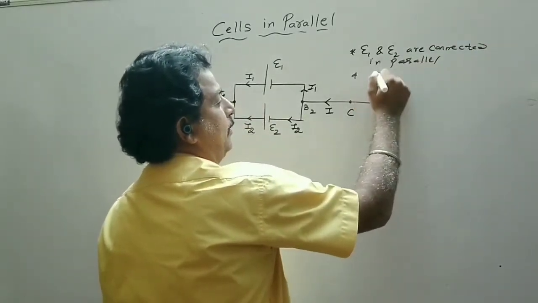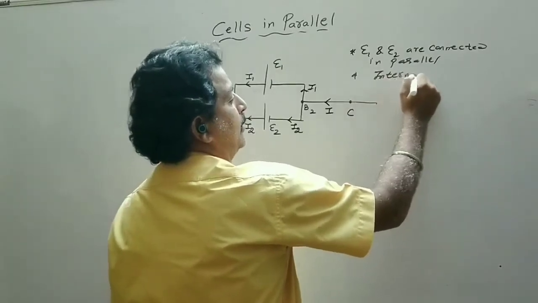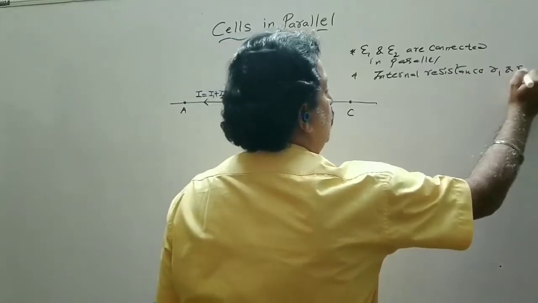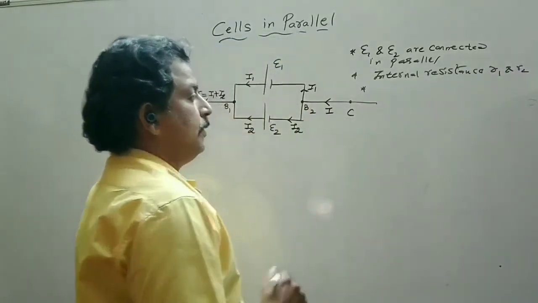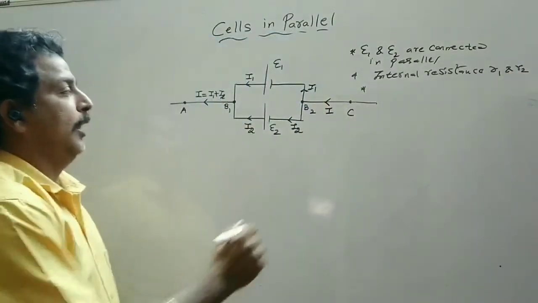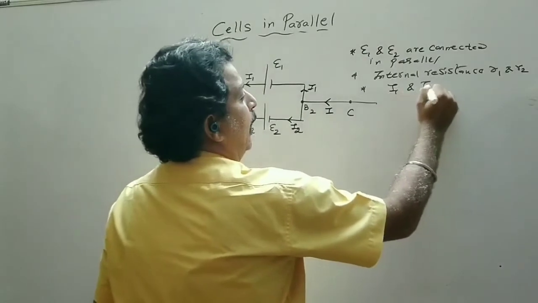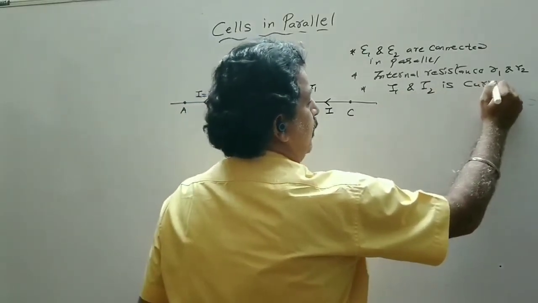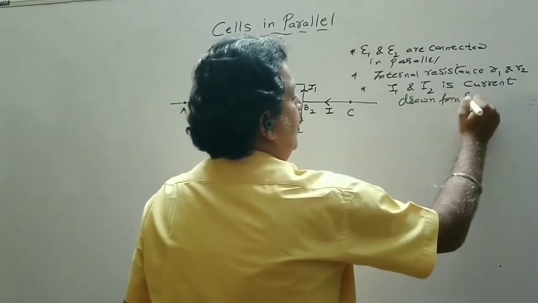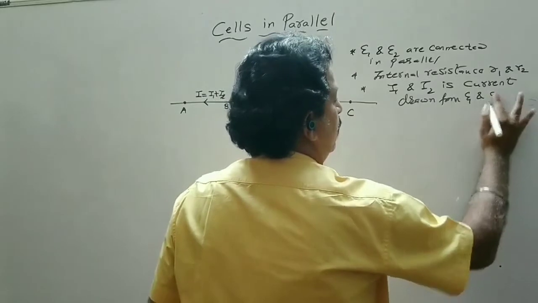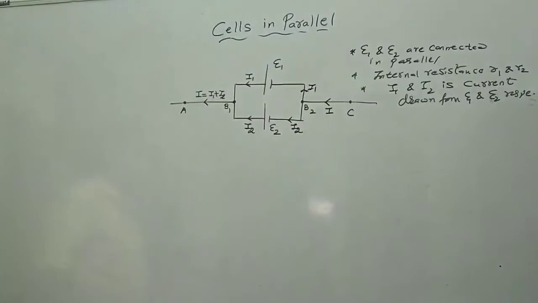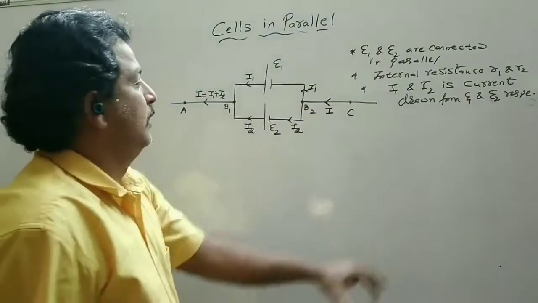Internal resistances are R1 and R2, and I1 and I2 are the currents drawn from E1 and E2 respectively. So this is how we consider the key points.